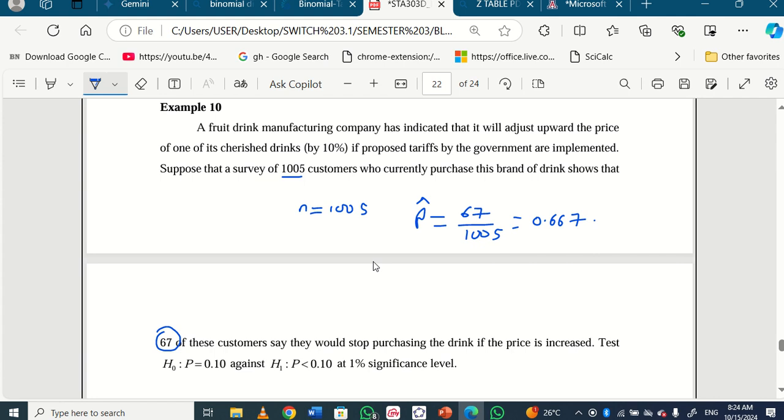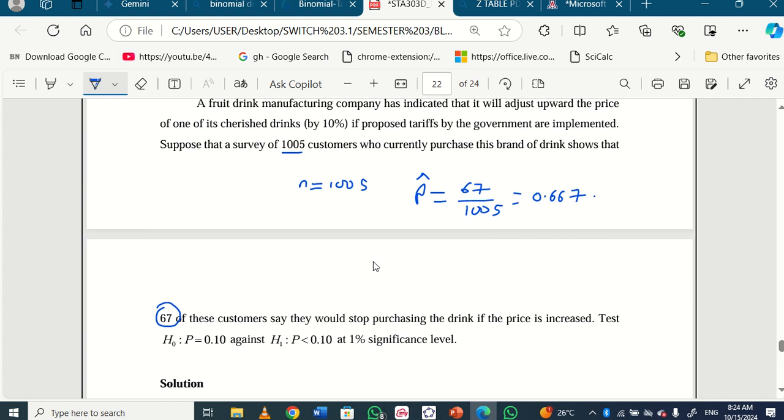Now once we know our proportion, the question has also given us an indication here. Let's go to the null hypothesis. Our null hypothesis is to test that the proportion is equal to 0.10. This proportion here is called the hypothesized proportion, and it is indicated by p naught, which is 0.10.